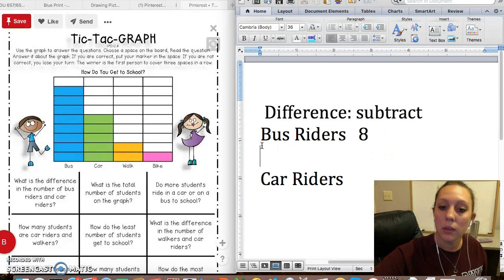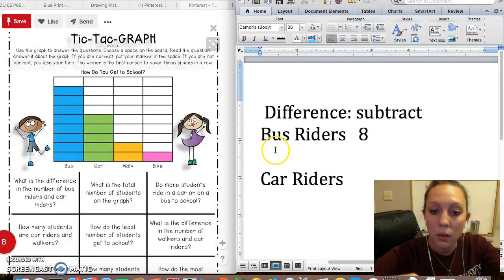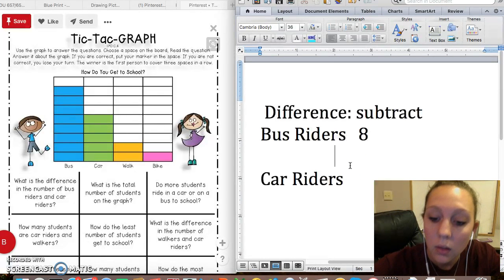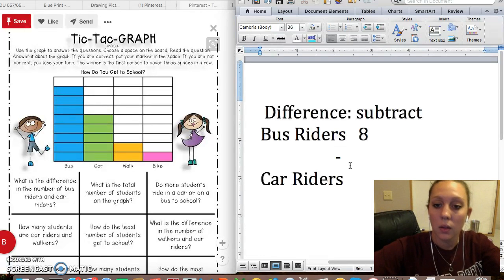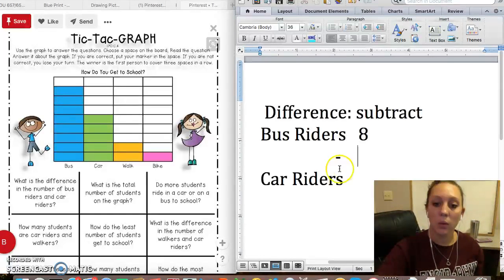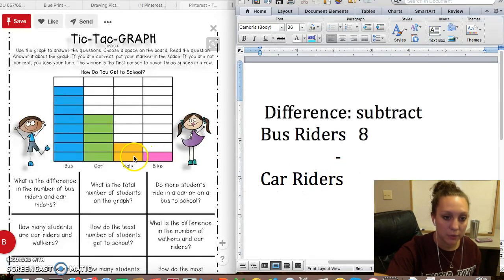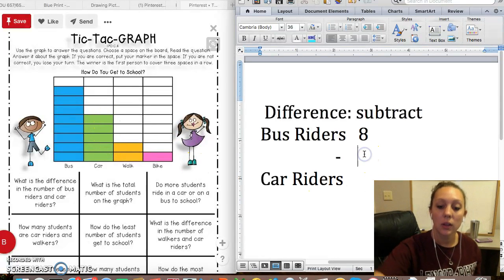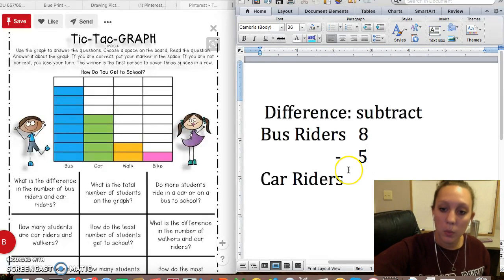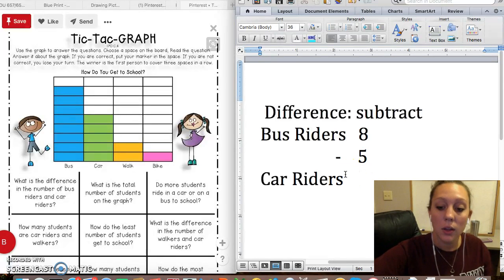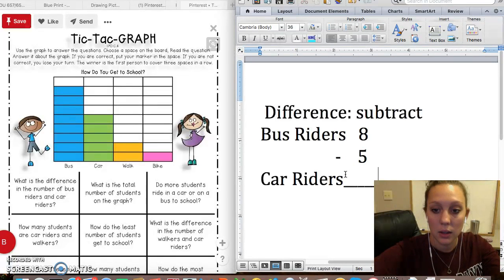I'm just going to move this down so we can set up. All right. And now we know how many car riders do we have. So we have to go over to the column. 1, 2, 3, 4, 5 car riders. Okay. And we know that we are going to have to subtract, right?